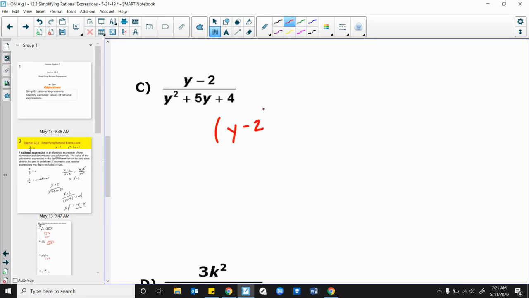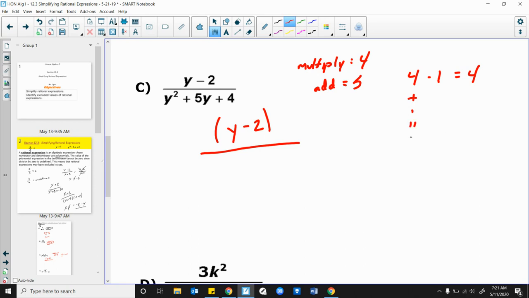My numerator, y minus 2, is going to stay the same. In this case, it's going to be 4 times 1 equals 4, and 4 plus 1 equals 5.